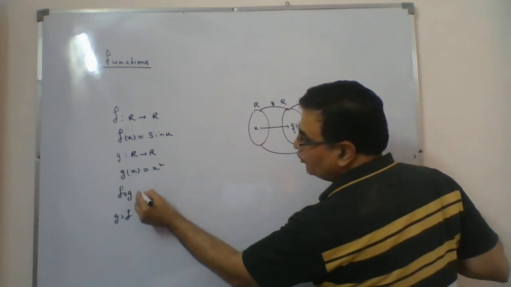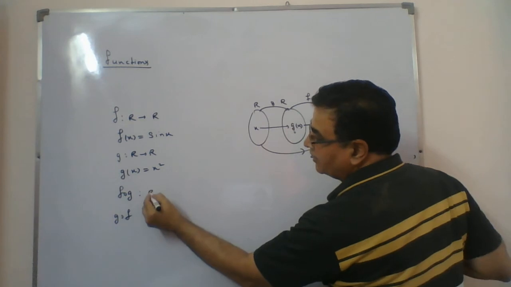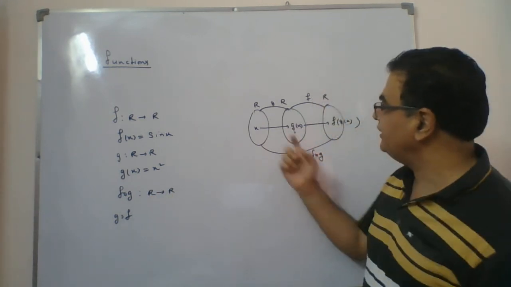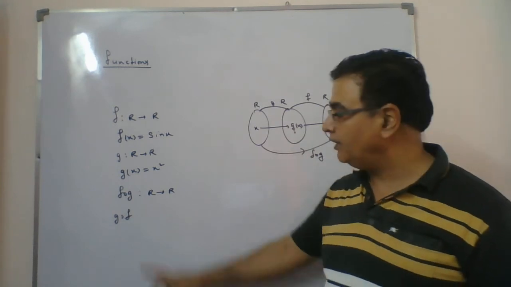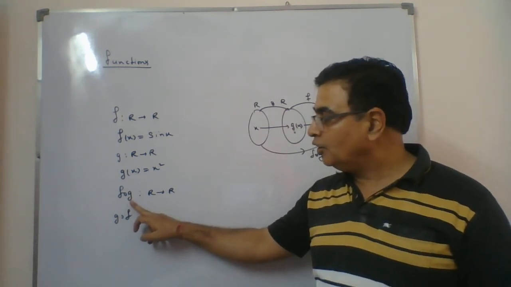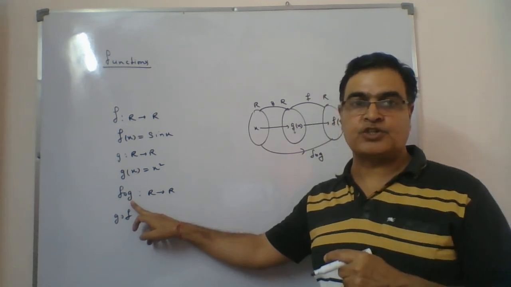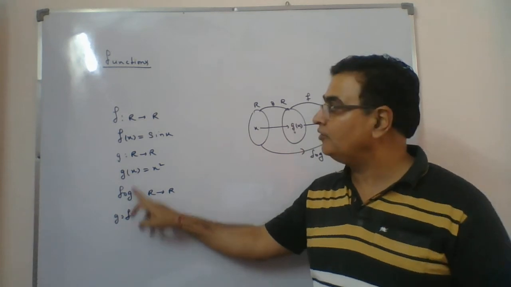So we are calculating first f composition g. So f composition g will go from where to where? It will go from R to R. And now every time it is not needed that you make the diagram. Directly also you should remember. Whenever I take f composition g, we should take the domain of the first function. What is the first function? g is the first function here. So what is the domain of that?